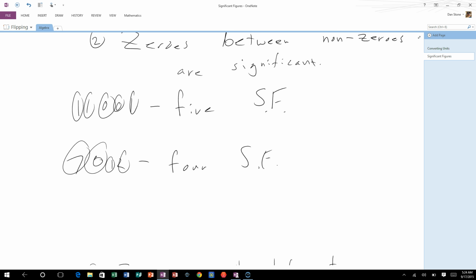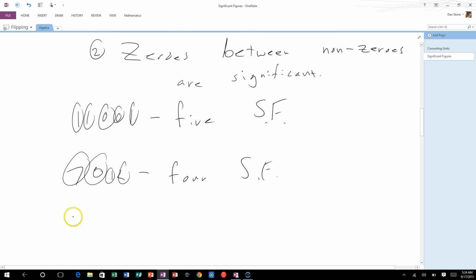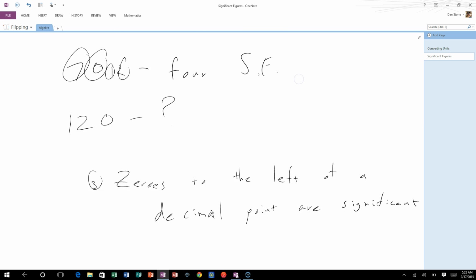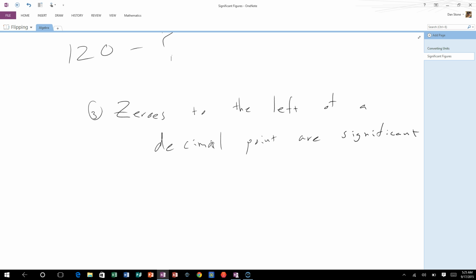Okay. Let's say we've got a situation like this. 120. How many significant figures do we have? Well, zeros to the left of a decimal point are significant. Let's zoom in on this 120 again.